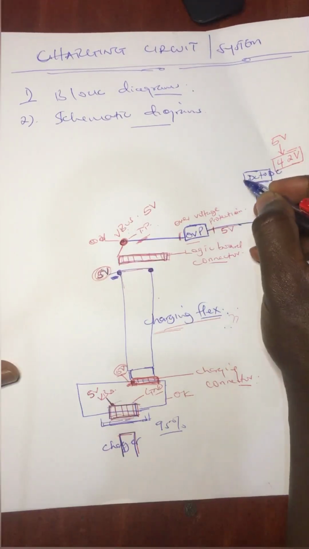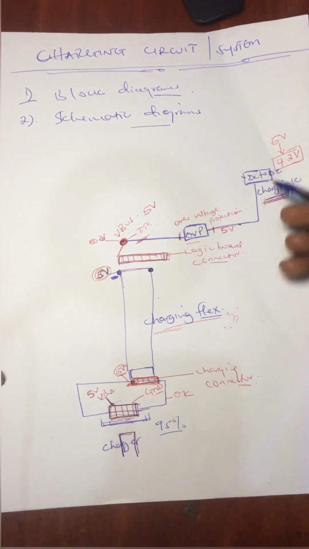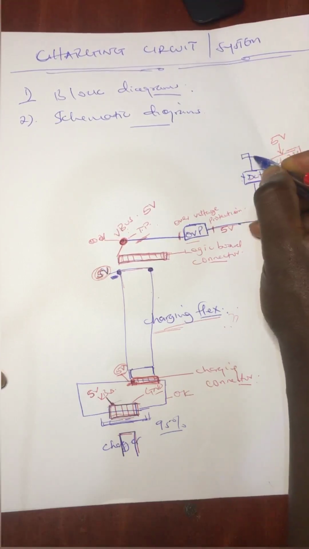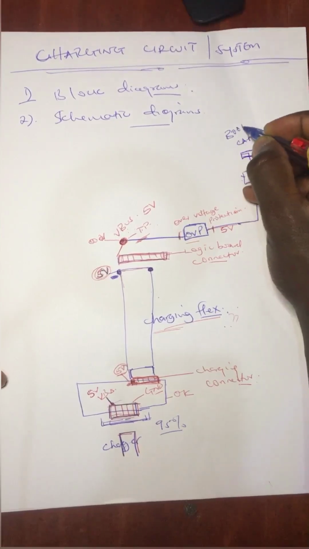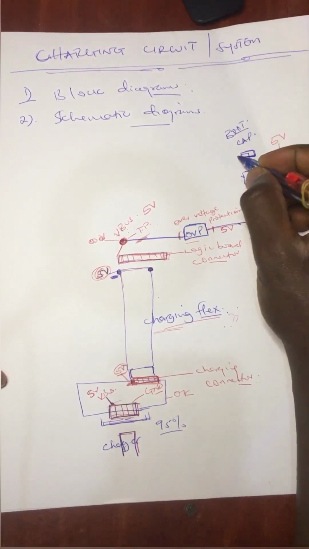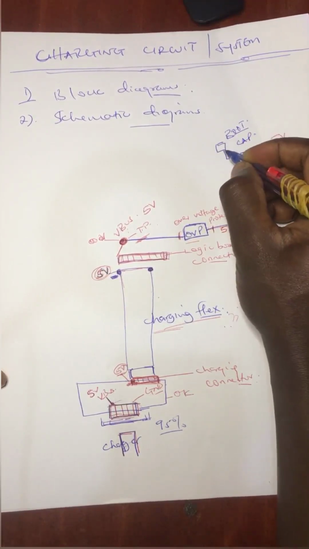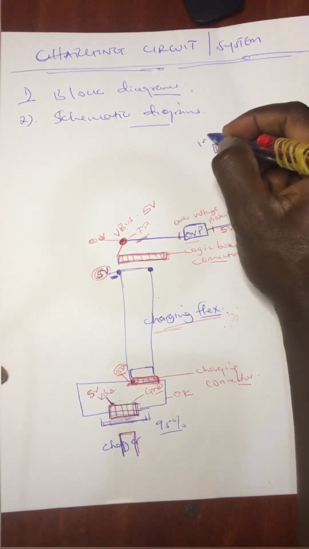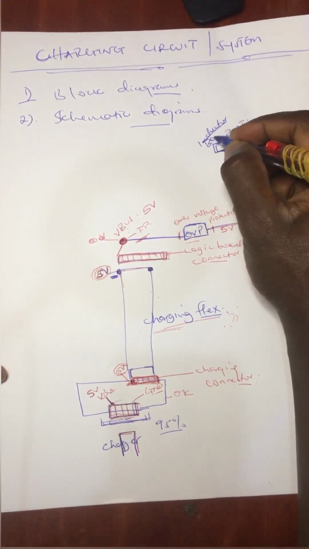So from the DC to DC IC, or from the charging IC, the voltage is going to go through a capacitor, a cap called a boot cap, right? Then from the boot cap, it goes to another component, an inductor called a boot coil.